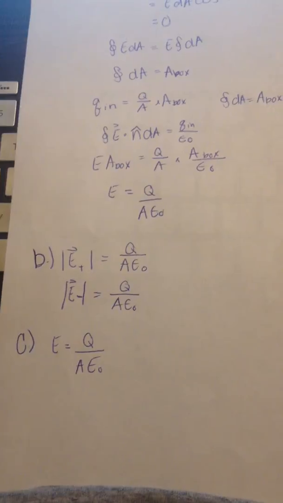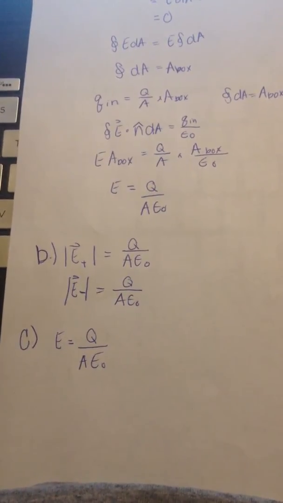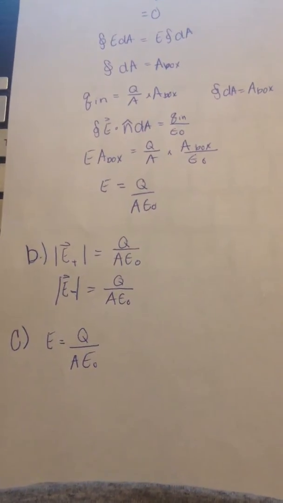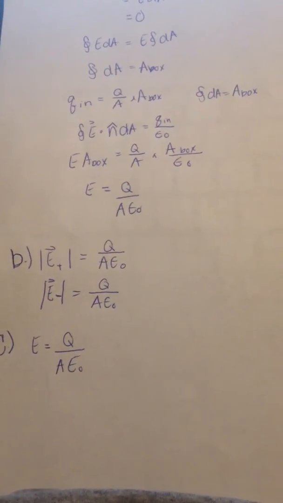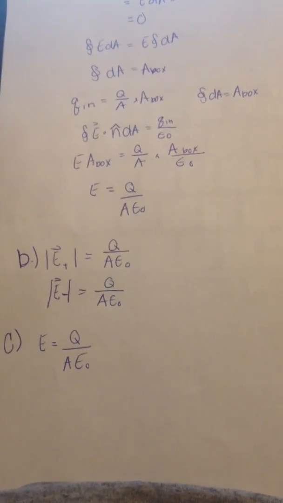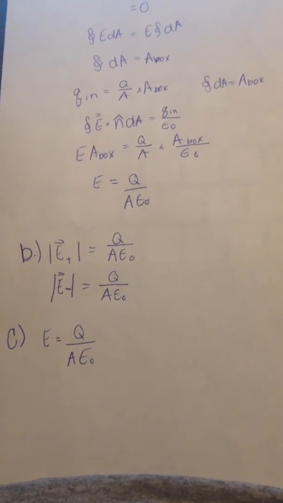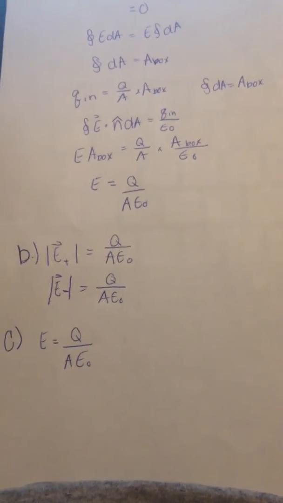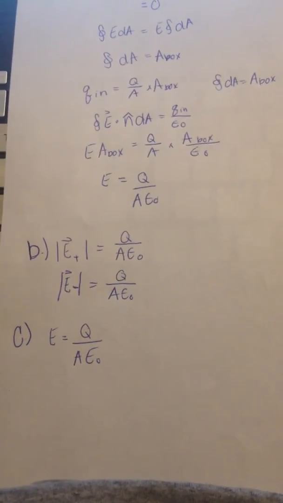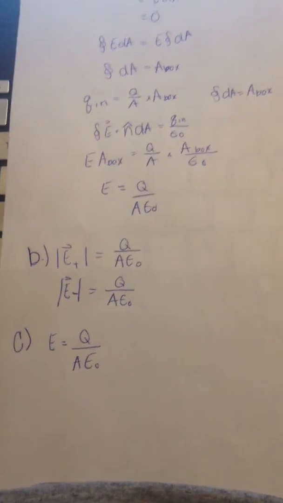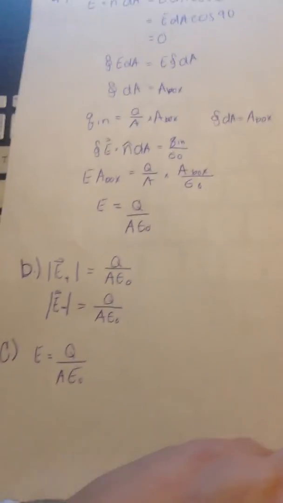The flux is going to be coming through the parallel plate to the surface, and then it's going to be a perpendicular surface, so we know that's going to be 0, and there's no flux that's going to enter the face because of the conducting plate, and so we know that E is equal to Q over the area times epsilon naught, which is the same as all.